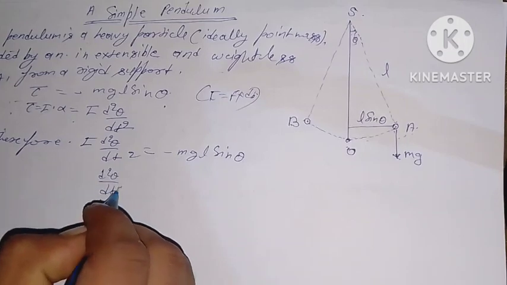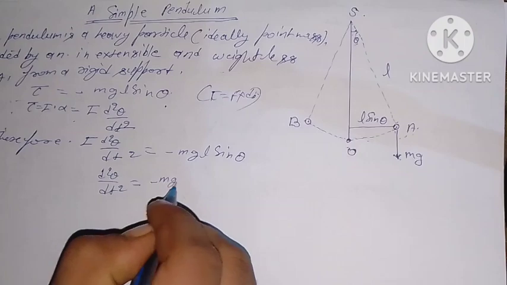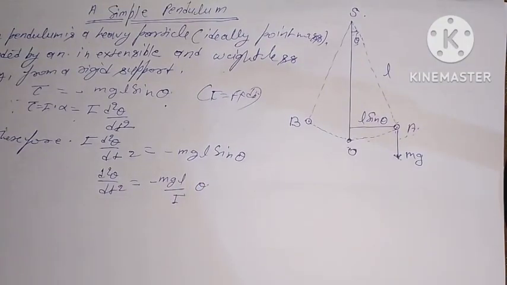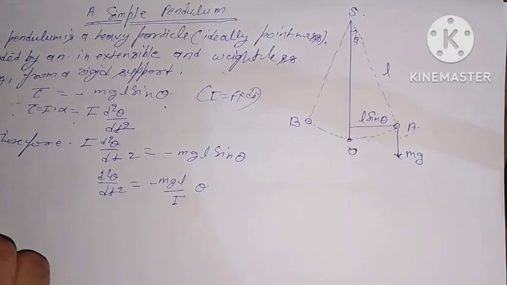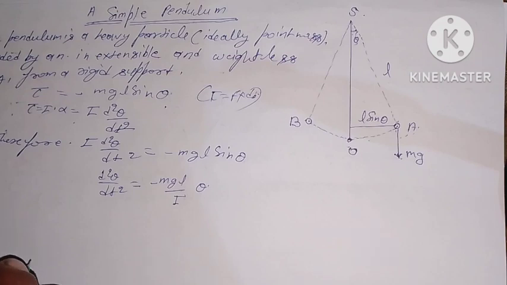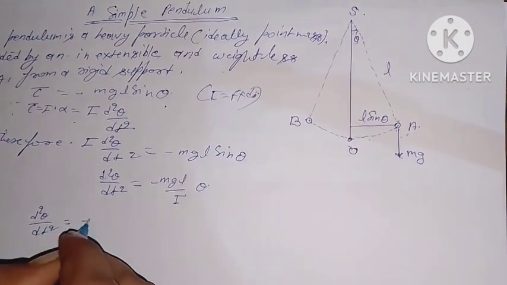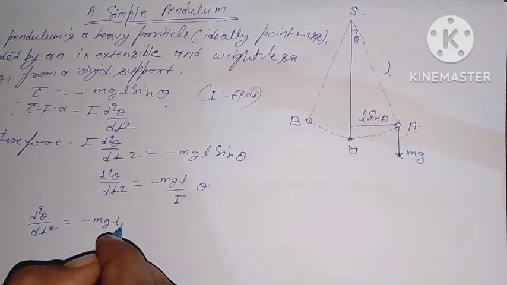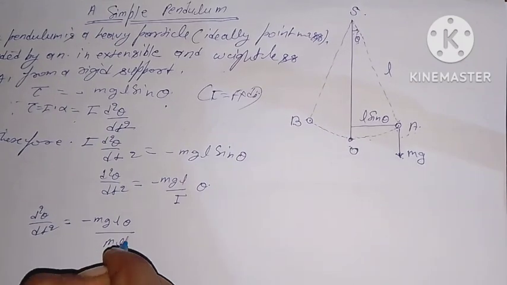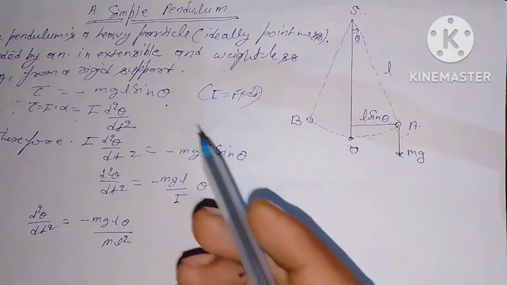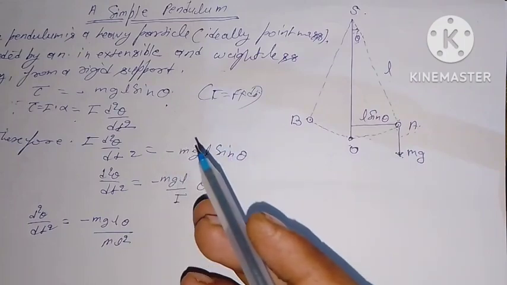Then d square theta upon dt square equals minus mgl upon I into theta, since the moment of inertia of the bob about the point of suspension, I, is ml square.